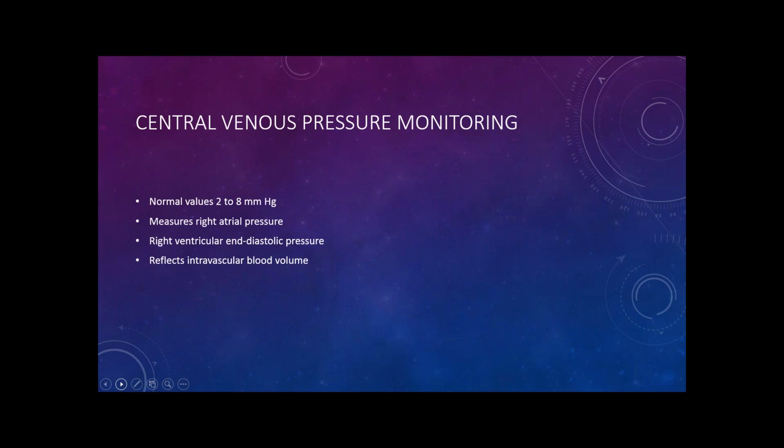And the opening of the catheter is at the top of the right atrium, but not in the right atrium. Normal parameters here are 2 to 8, and that is a reflection of the right ventricular end diastolic pressure, which gives you an idea of what your intravascular blood volume is. So it gives you a reflection of how much fluid you have in your body.